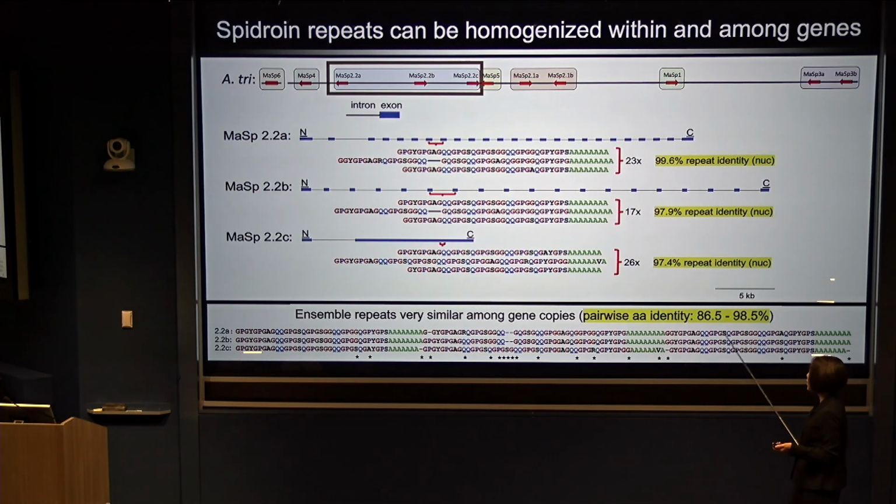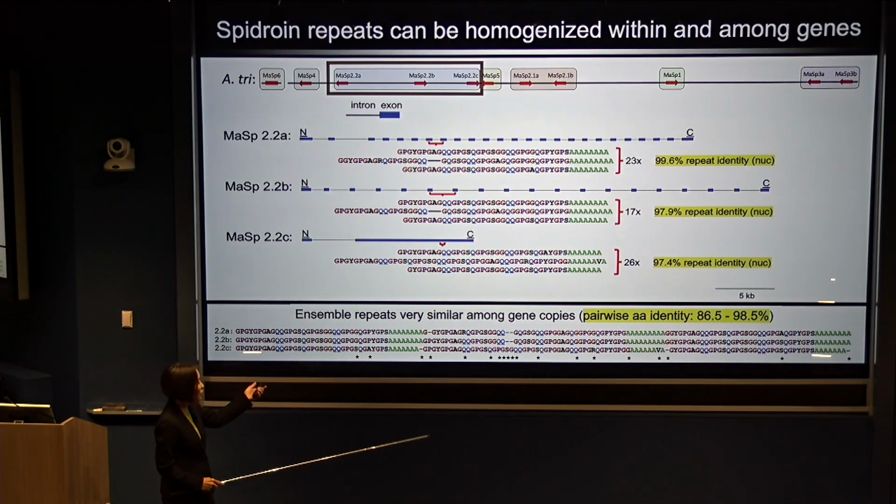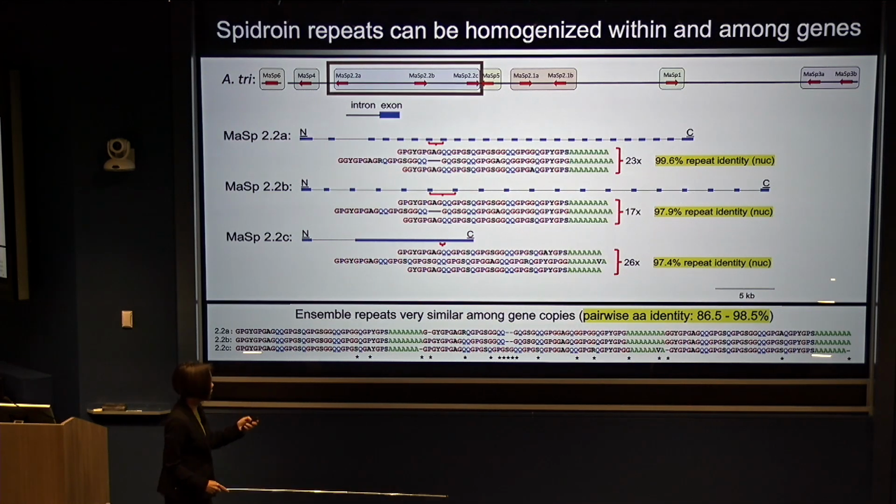Some of these are so similar they almost look like alleles, but we know they're in different genomic locations. So these ensemble repeats also evolve that way. And it looks to me, if you could see this, that there clearly is stabilizing selection for keeping this glycine, proline, glycine type sequence with this polyalanine, because look how identical these sequences look. It's amazing identity across a single gene and also across the different genes, but in the same cluster.